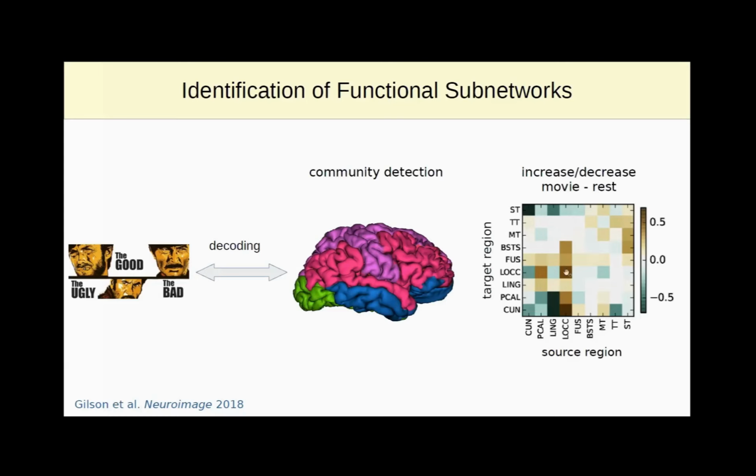And here you've got increase in brown and decrease in green in the connectivity of visual and superior temporal, so auditory, systems, and how they converge towards the fusiform or mediotemporal areas.